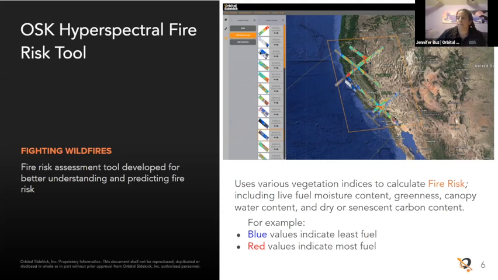We do that by basically figuring out where there is a lot of fire fuel or dead plant matter. And so here, the red areas in this scene are important because they have a lot of fire fuel and could be readily burned.